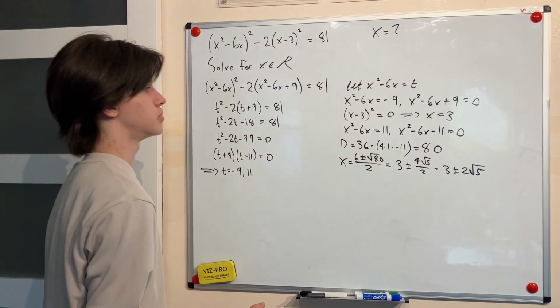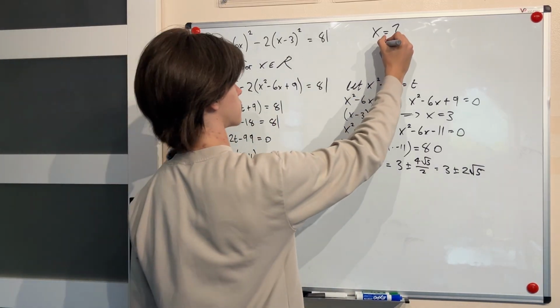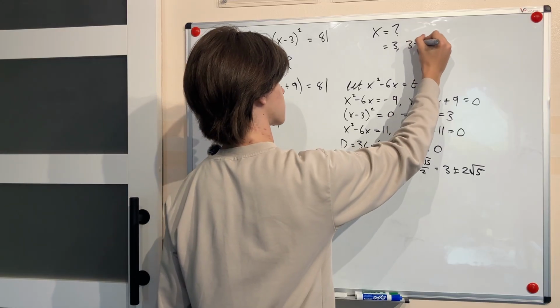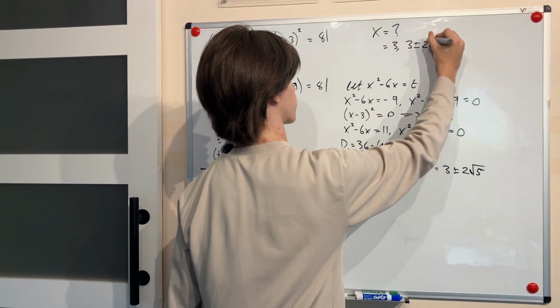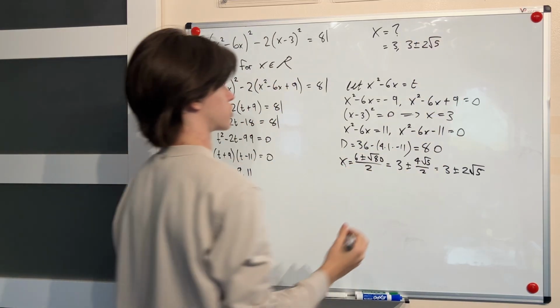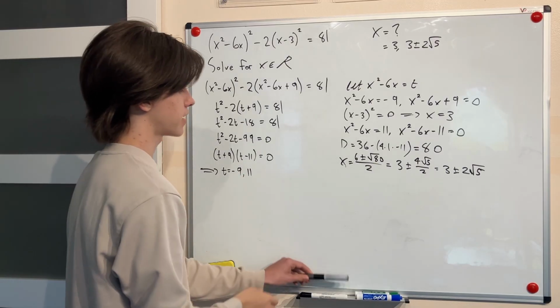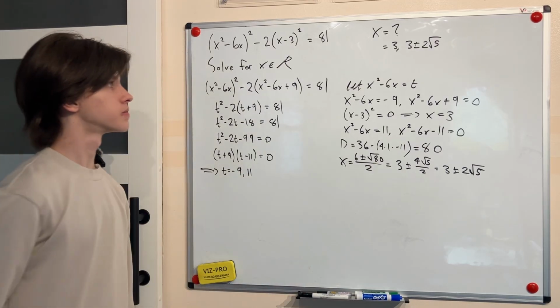And those are going to be our two solutions. So x is equal to 3 and 3 plus or minus 2 root 5. So 3 solutions in total. Even though it's a quartic, this one just turned out to have 3 solutions.